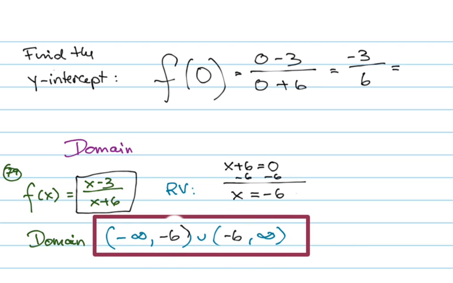How can you reduce that? 3 goes into 3 once and into 6 twice. That's how Anthony came up with negative 1/2. So your y-intercept is what? 0, negative 1/2. Oh, I'm going to be asking you on Friday all these questions. So it's coming again. These are questions on the test.